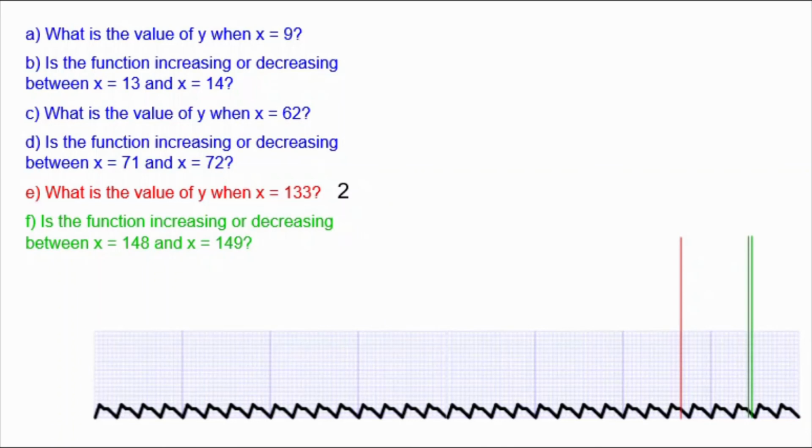And the function is decreasing between x equals 148 and x equals 149. But when I draw the graph this way, it takes a long time, and I'm thinking there has to be a better way. Well, there is a better way, and that is going to be the subject of the next video.